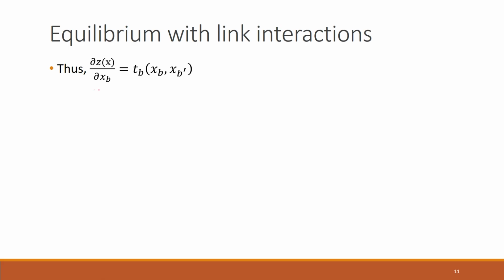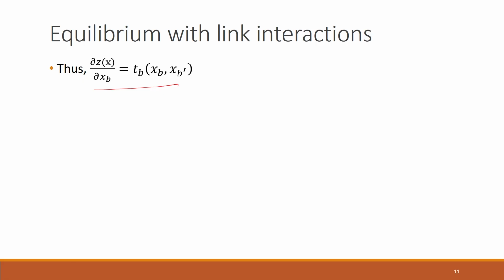So we have written this again here. The derivative of the objective function with respect to the flow on link b is equal to the travel time function of link b. Now if you recall, this is in line with what we had seen when we were considering the deterministic user equilibrium problem, but there were no link interactions. Okay.